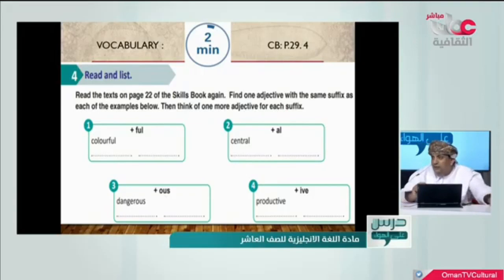Okay, we have 4 types of suffixes like ful, or al, or ous, or ive. For example, protective. Here, colorful, here dangerous. Okay, if you remember, I will give you 2 minutes to complete this task.